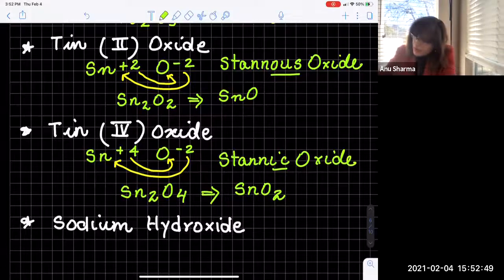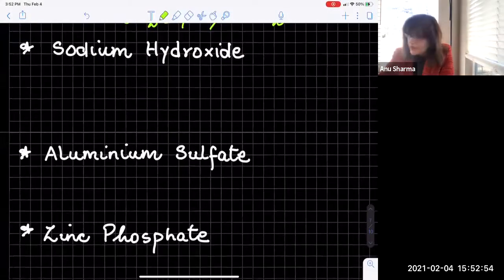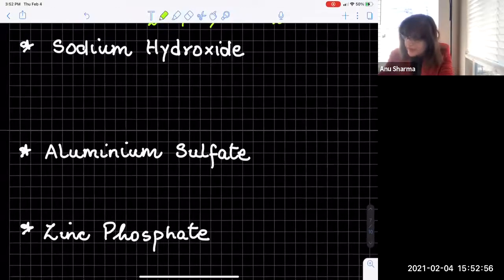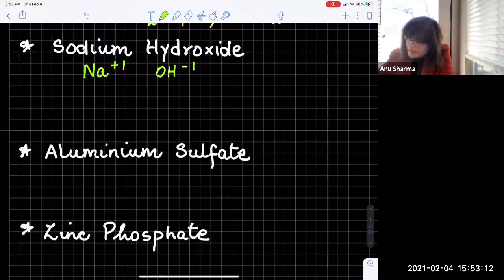Okay, now this was with the simple monoatomic anions and variable valence state. Now let's look at the polyatomic ions. Sodium is in group 1A. The symbol of sodium is Na. The charge is +1. Hydroxide, a polyatomic ion, the charge is -1. Now again, this 1 goes here, and this 1 goes here.